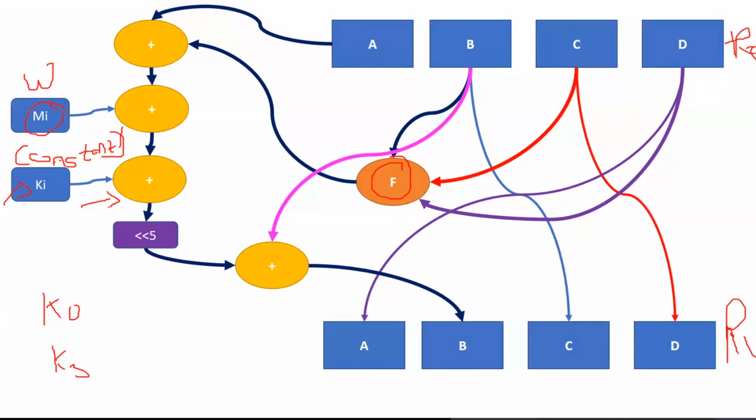If we are moving from round 0 to round 1, we use K0. If we are moving from round 14 to round 15, we also use K0. But if we are moving from round 35 to 36, we use K2 because it is stage number 2.